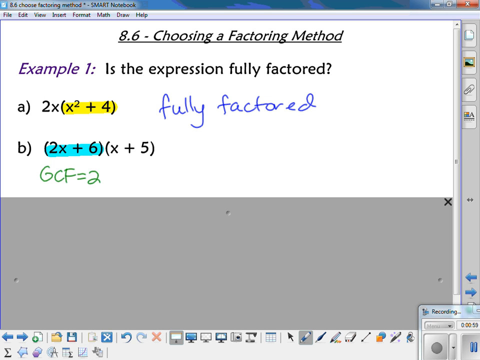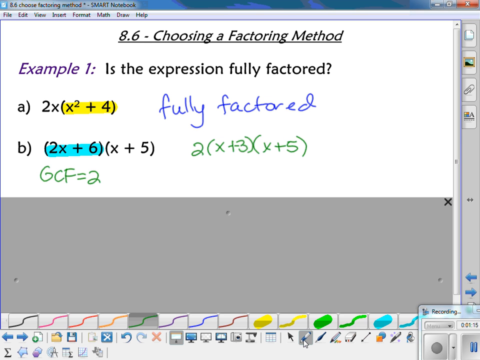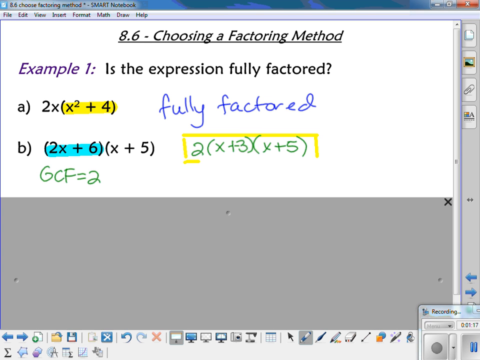So I can actually take a 2 out, and I'm left with x plus 3. And then, of course, we still have the x plus 5. So in order for that expression to be fully factored, I would have to take that greatest common factor out. So that what I highlighted would then be the final answer, yeah.